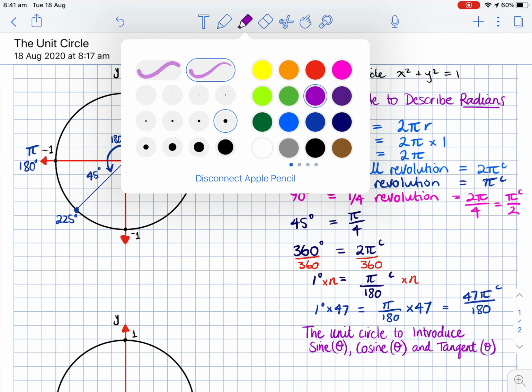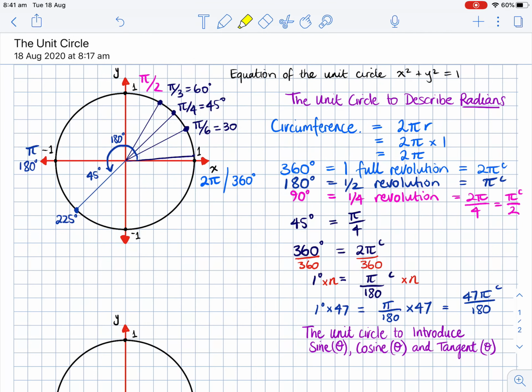So let's have a look very simply in radians, and if I use yellow here, this line here is my first 45 degrees. If I added another 45 degrees to that, it would take me to pi on 2. If I added another 45 degrees, it would take me over here to 135 degrees.